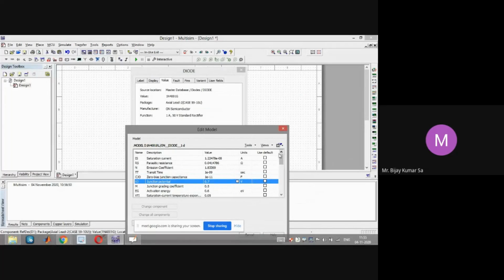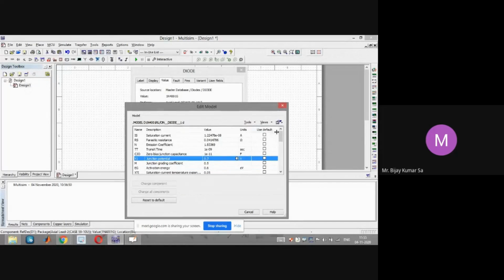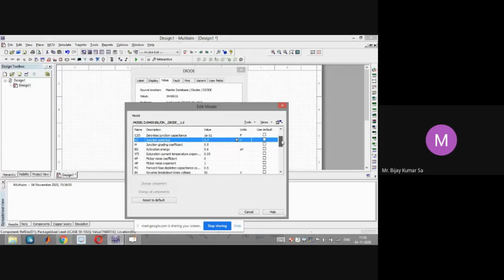At the very start, it has given the reverse saturation current. It is 1.22478 into 10 to the power minus 8, so it is almost 122 microampere, 122.47 microampere. And you already know that reverse saturation current is in the range of microamperes only.